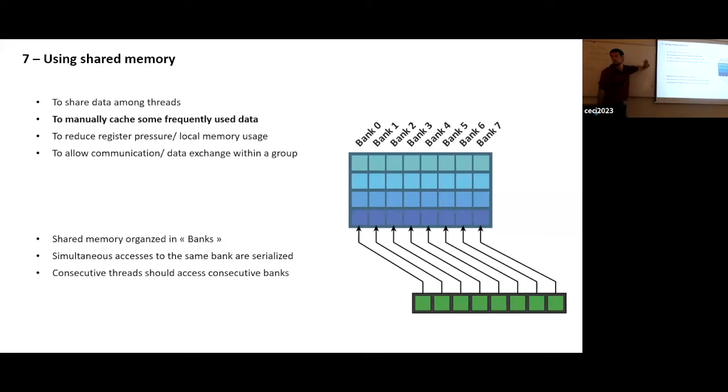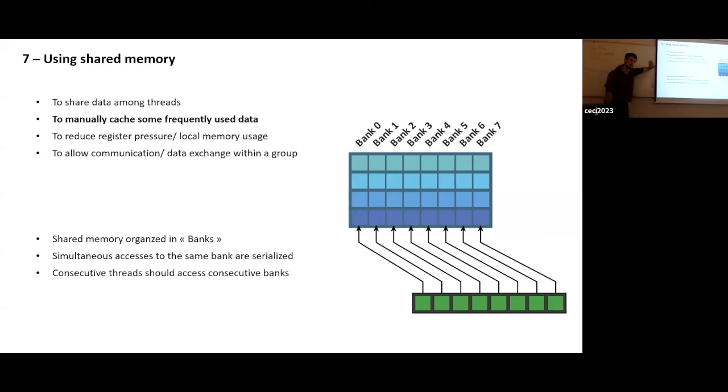But in our case, it's just going to be a manually managed cache. And that's actually a fairly close approximation to what happens in reality, because shared memory is basically L1 cache that is programmable. So sometimes the cache does a better job than the programmer, and sometimes the programmer can do a better job than the automated cache. And here's going to be a small example of that. You'll see that the speedup is not huge, but there is a speedup.